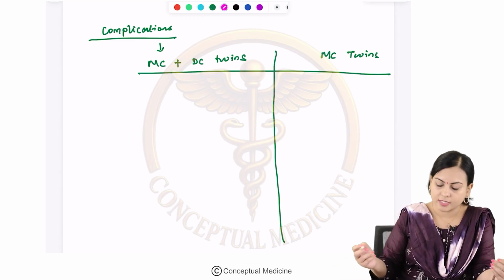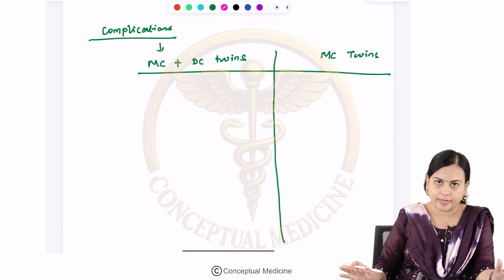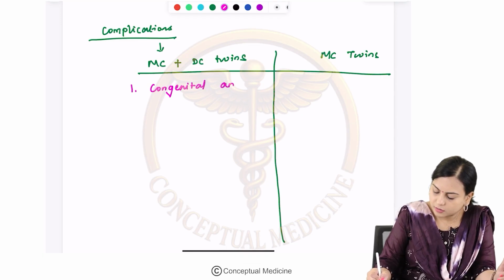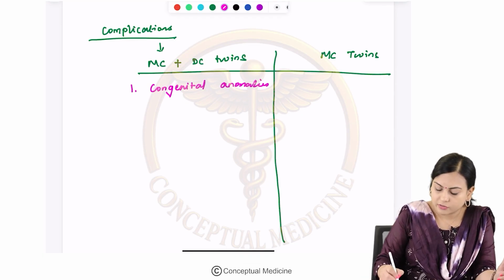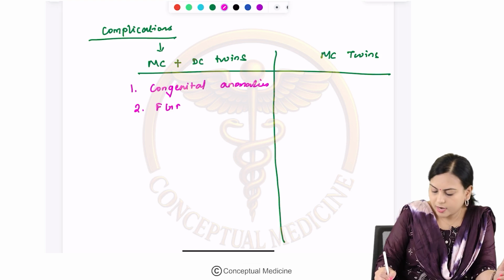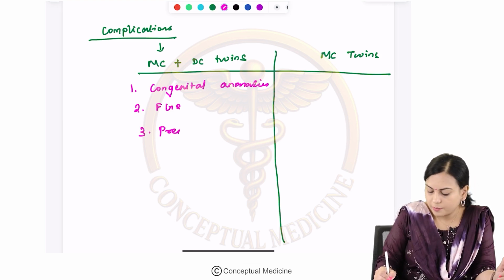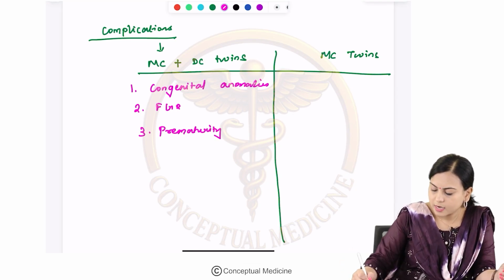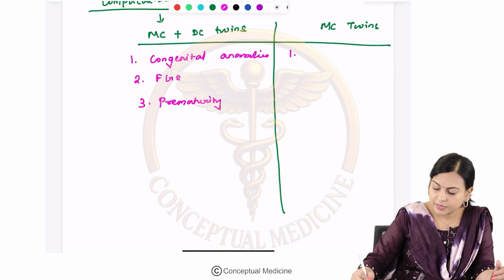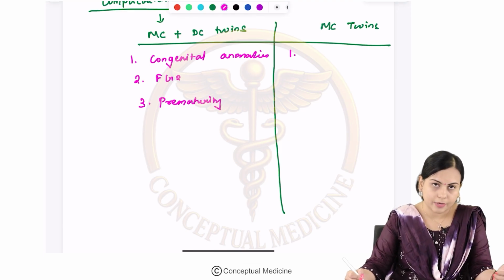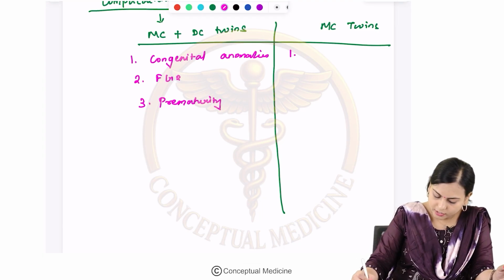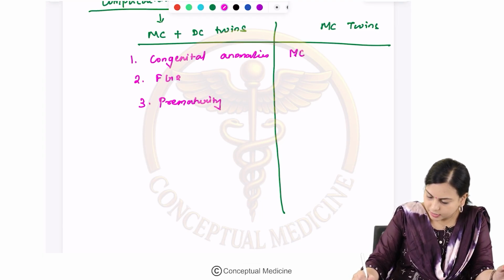The complications that are common to monochorionic and dichorionic twins include congenital anomalies, fetal growth restriction, and prematurity. Whereas in monochorionic twins, we have again monochorionic diamniotic and monochorionic monoamniotic twins. First we'll see the complications with MCDA twins.